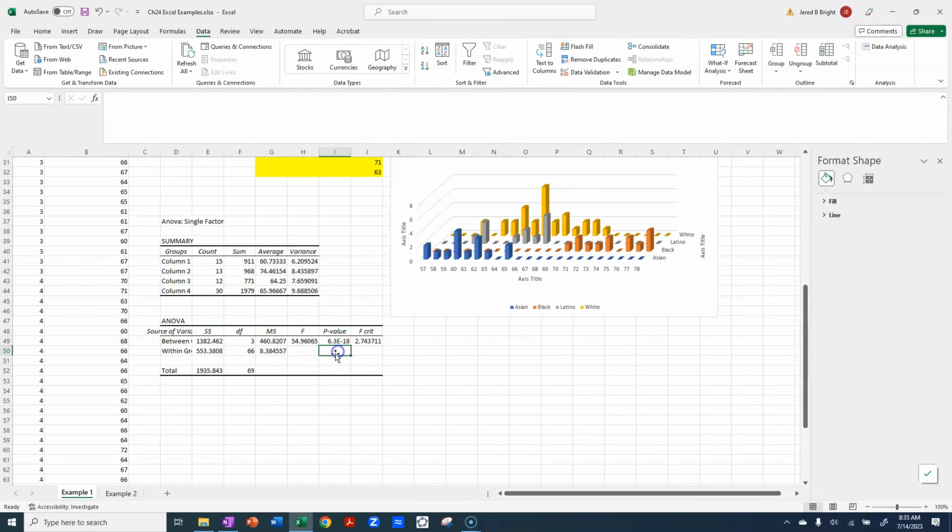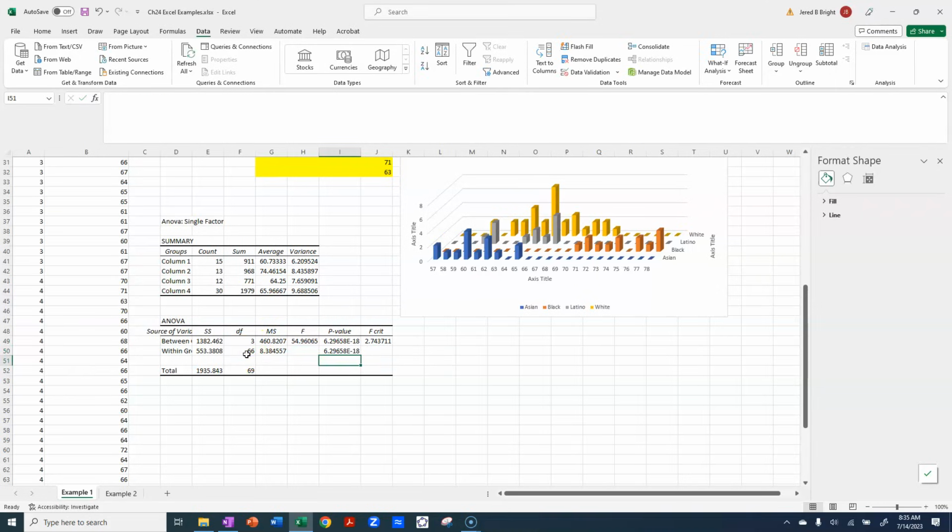To get the p-value, you would follow it there, or you can just do F.DIST.RT, and then the F statistic, first degrees of freedom, second degrees of freedom, and you should get the same thing. That's our takeaway. Very, very small p-value, and if we look at the test statistic, it's like 50. So it makes sense. There's like no area to the right of 50 under the curve.